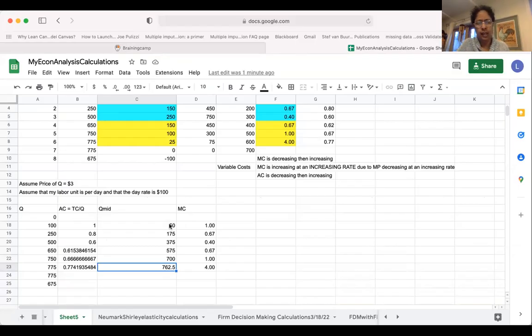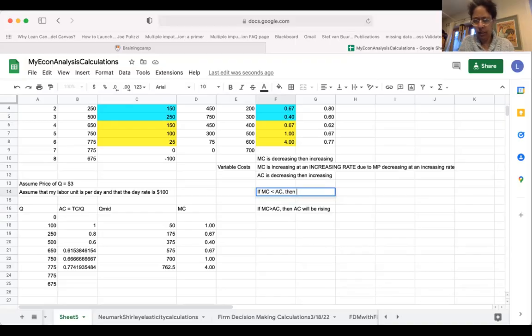I'm going to make a point of that, that we actually should note again. If marginal cost is greater than average cost, then average cost will be rising. And if marginal cost, which we have here with returns to specialization, is less than average cost, AC will be falling.